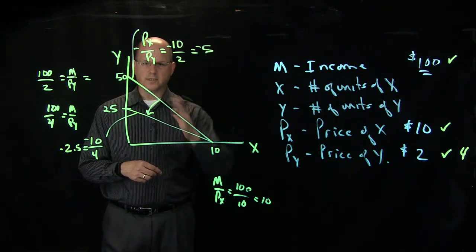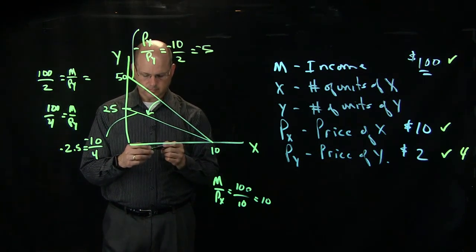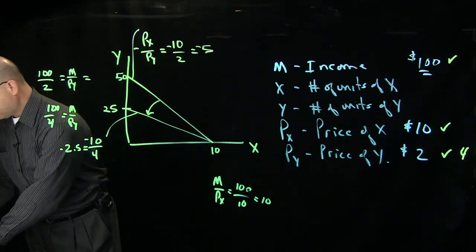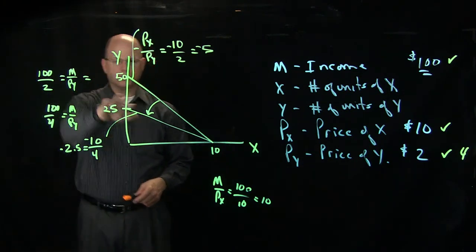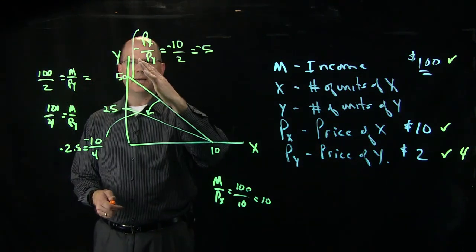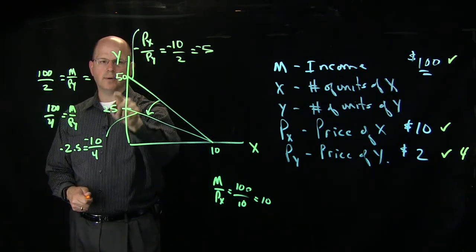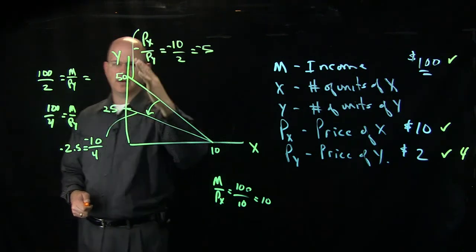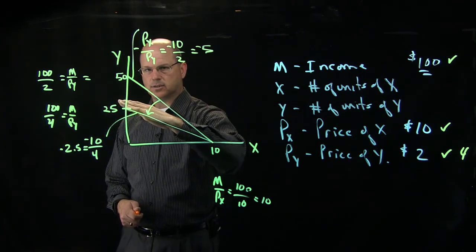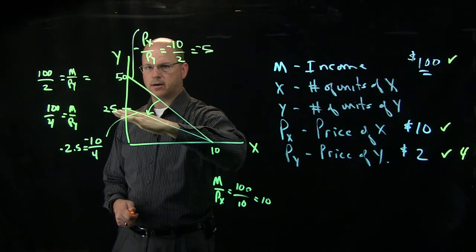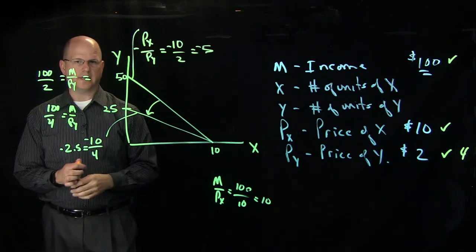Okay? So the slope is flatter. That's one shift. So if the price of Y goes up, you can buy less of good Y if you're only buying good Y. The endpoint drops down, and the feasible set also shrinks. So you go from here down to there, the feasible set shrinks.